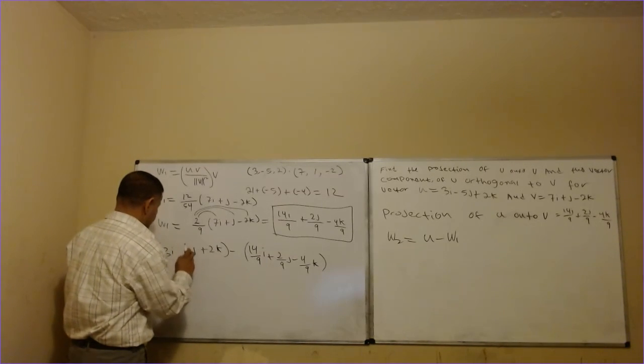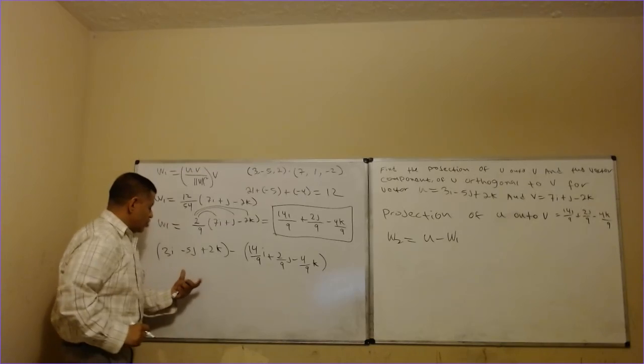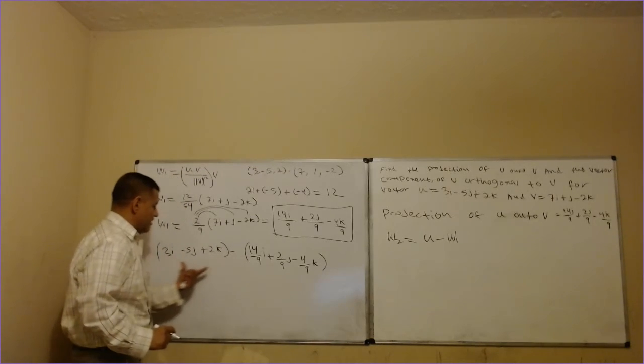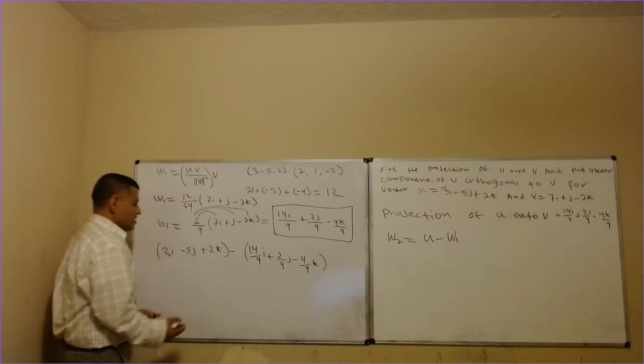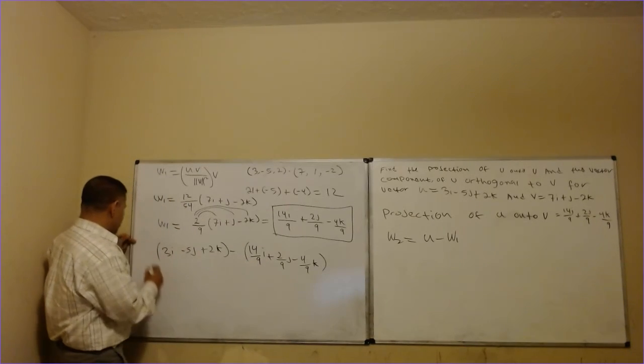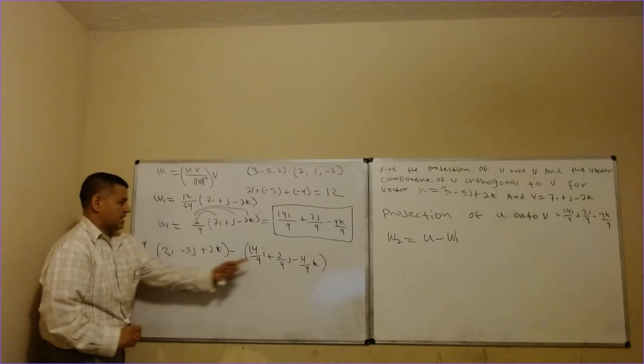So this is minus 5j. Now I need to find the common denominator of this part, which is 9. What I can do is multiply by 9, top and bottom, because that's what the common denominator is.